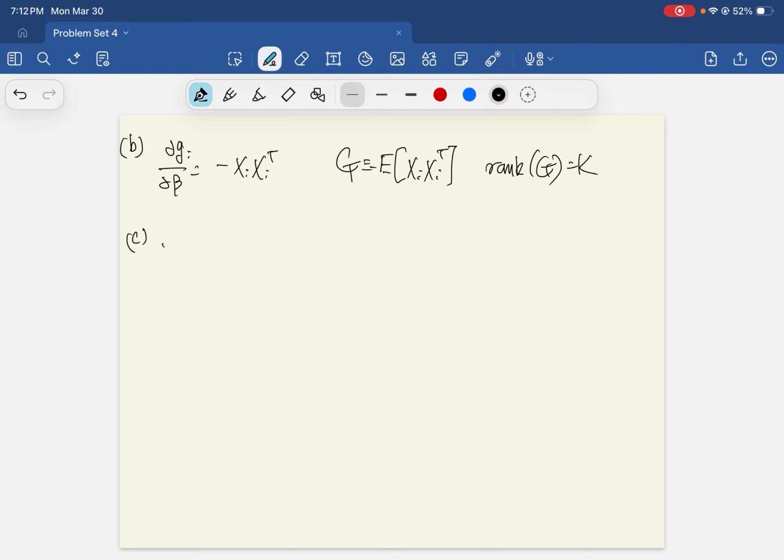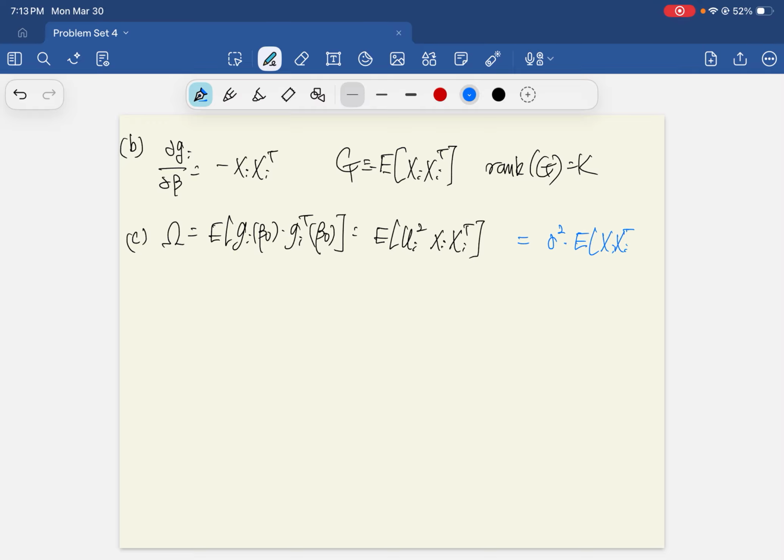Part C, omega is the expectation of g_i(beta 0) times g_i transpose(beta 0), which is the expectation of u_i squared x_i x_i transpose. So this is omega. And if you have the homoscedasticity assumption, then you may write it in this form, but you can think of them as a separate case.